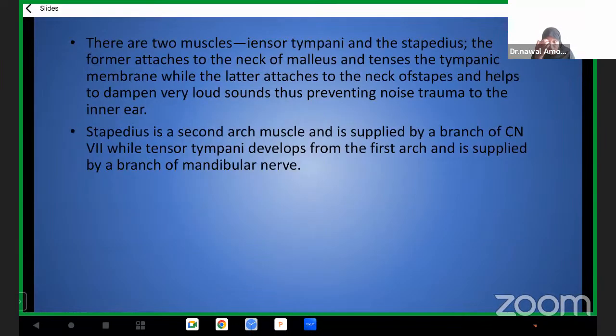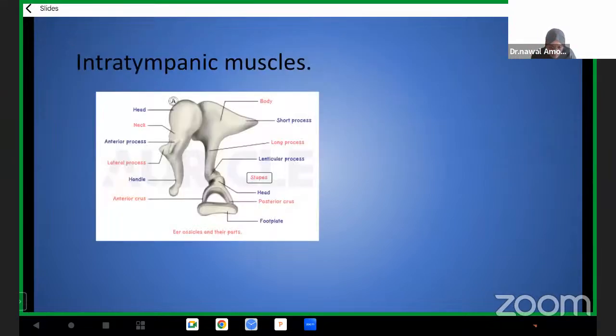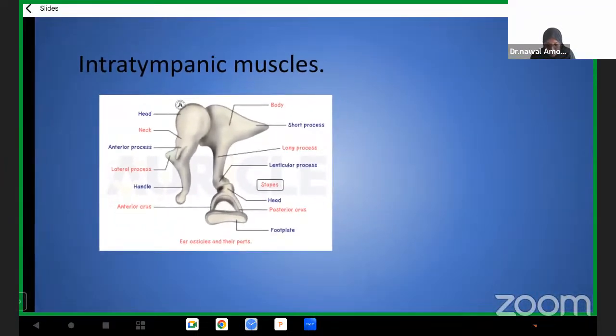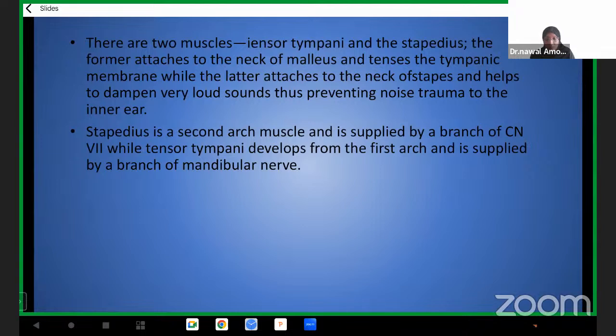Two muscles. The former, tensor tympani, is attached to the neck of malleus. Here, you can see it is attached to the neck of malleus, very clearly seen here. While the latter, stapedius, attaches to the neck of stapes.